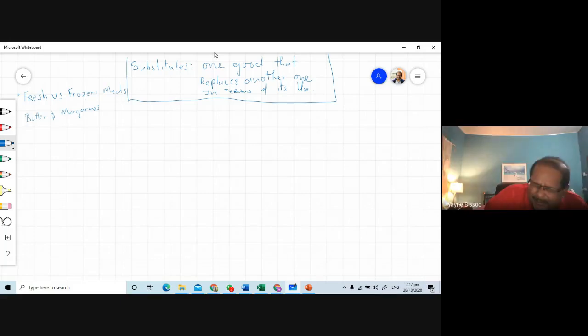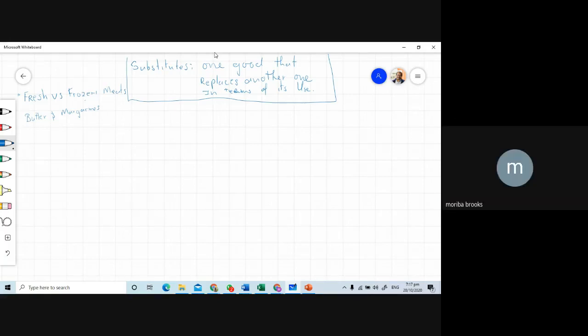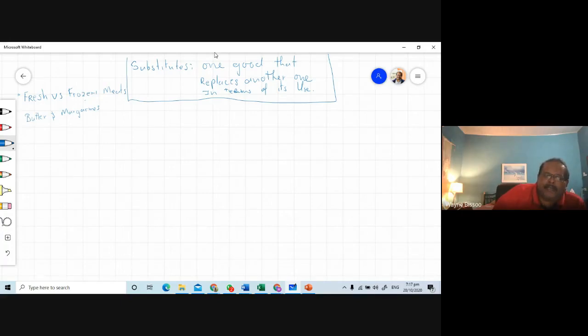They are different in terms of branding, but they are the same product. So they're not substitutes for each other. What you're talking about is substituting brands, but what we're talking about is two different types of goods: one good that replaces another good in terms of its use.